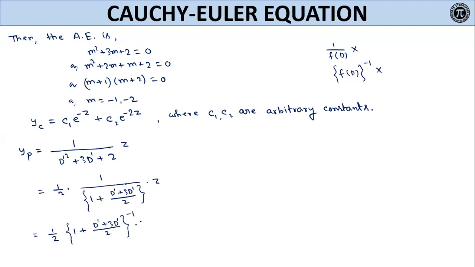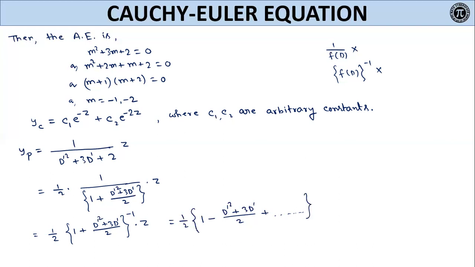So you are getting half into (1 plus D dash square plus 3D dash divided by 2) whole inverse into z. Now if you simplify this, half into 1 minus (D dash square plus 3D dash divided by 2) plus dot dot dot. In the next term the power will be square, second order, but here z is a first degree polynomial, so the second derivative will be 0, so I am not writing the second degree terms.